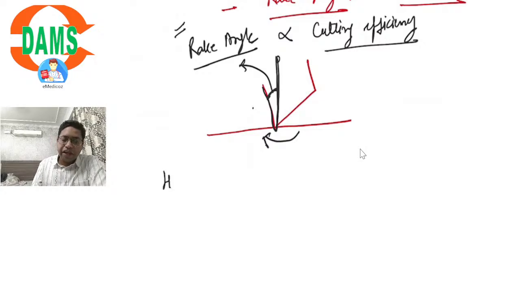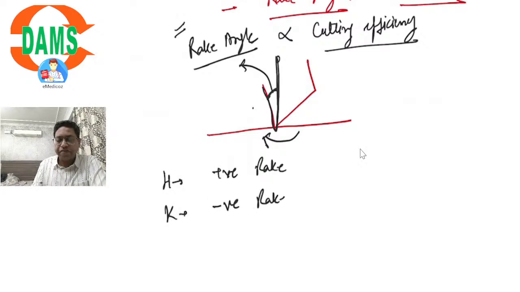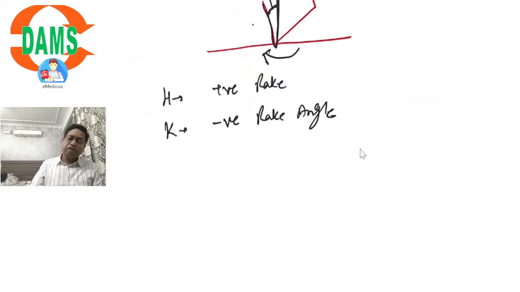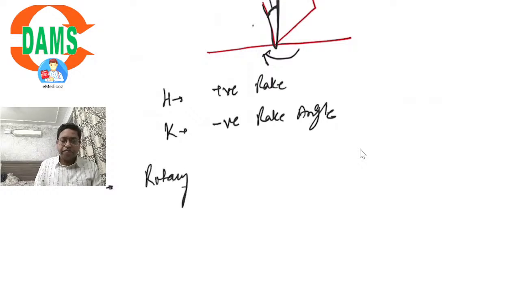If we talk about H files, they have got a positive rake angle. K files, they have a negative rake angle. That's why the cutting efficiency of H files is more as compared to that of K files. These are the three principal type of hand instruments that we have seen. Now we talk about certain important rotary endodontic instruments.